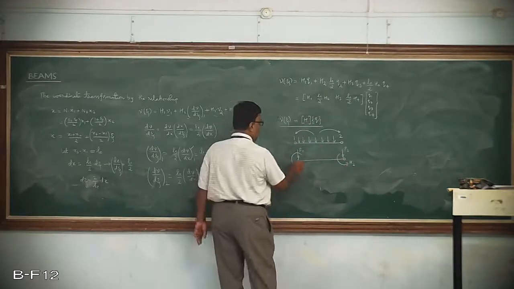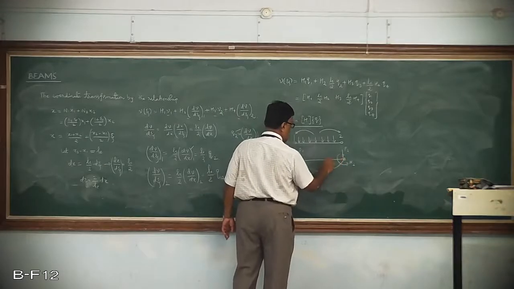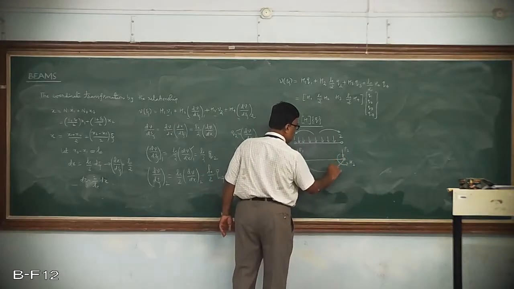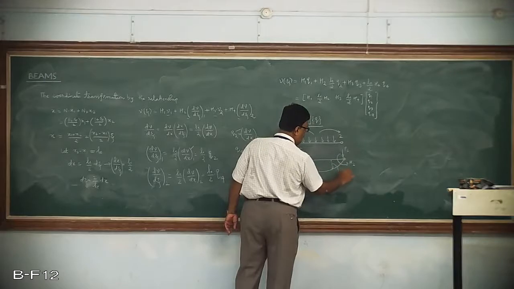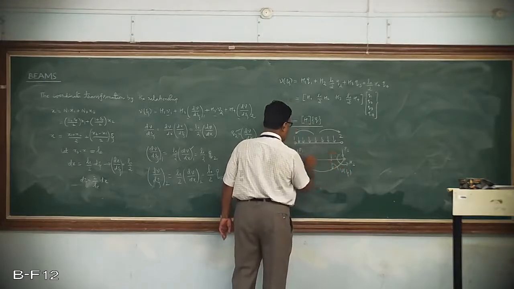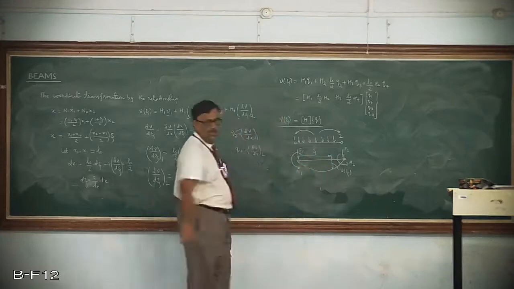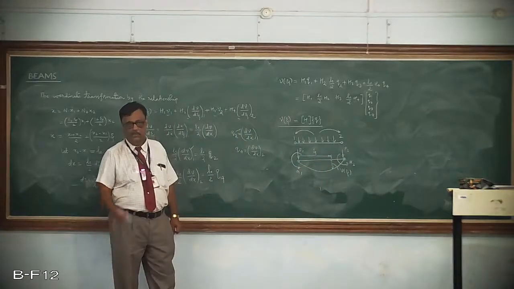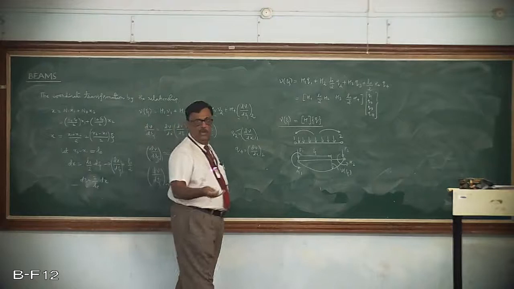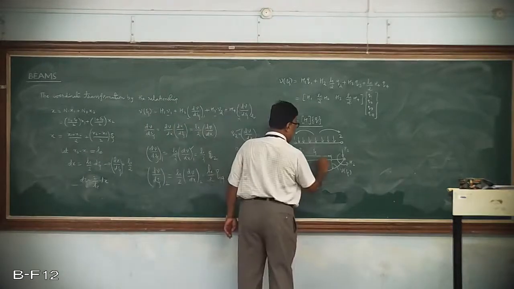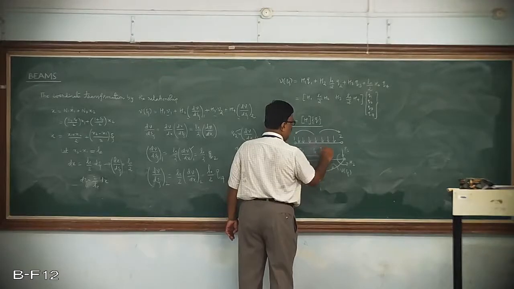But when you find out these loads, there is going to be deflection. So if you want to find out any deflection, which we call V of zeta, one has to definitely tell the value of zeta. Where exactly do you want to find out the deflection? Suppose you are asked to find out the deflection at the midpoint of the element, then the particular value of zeta is obviously 0.